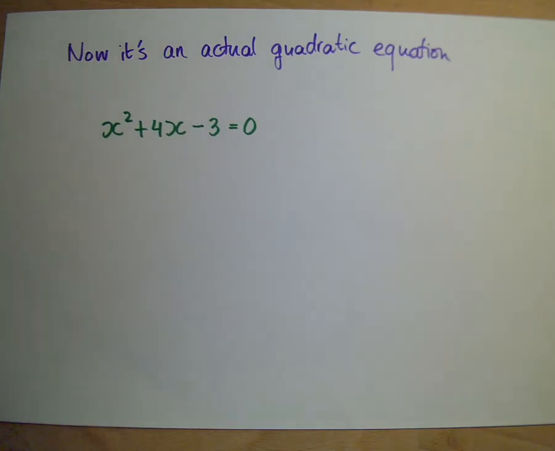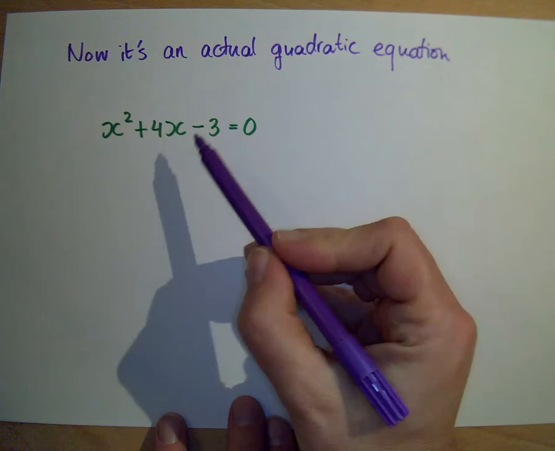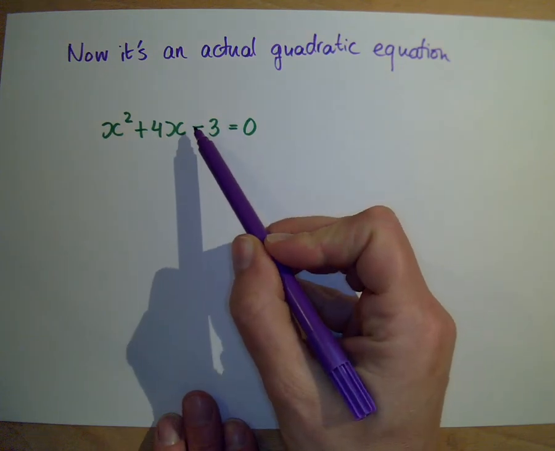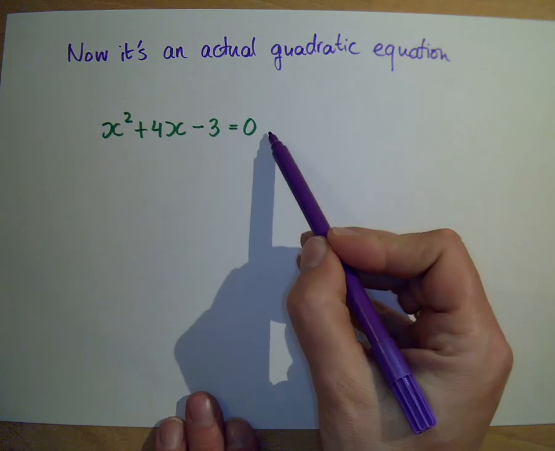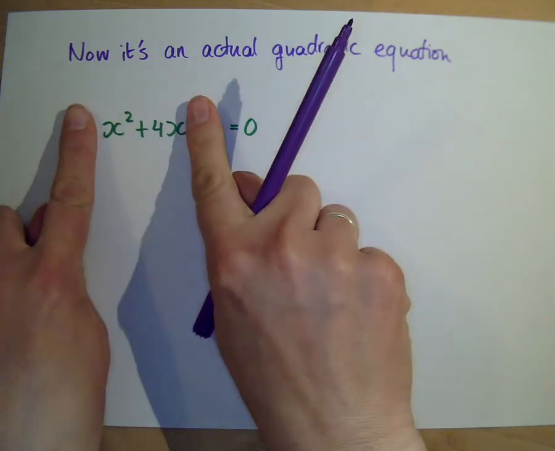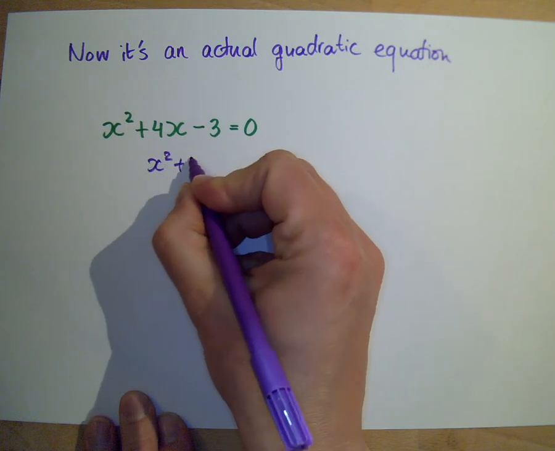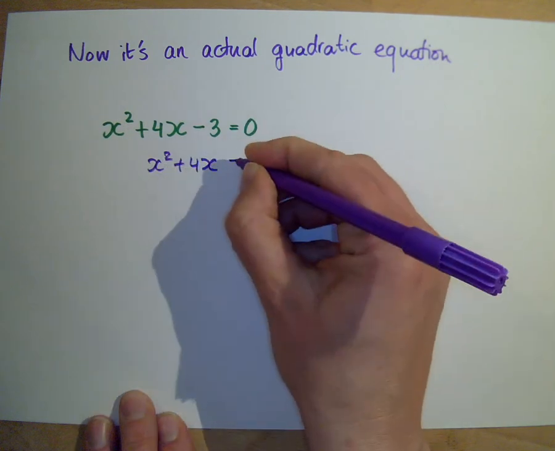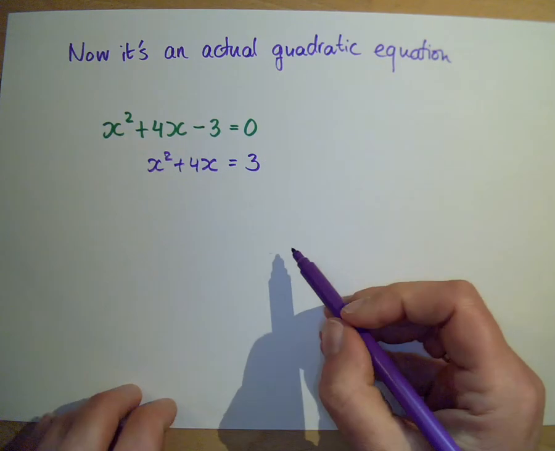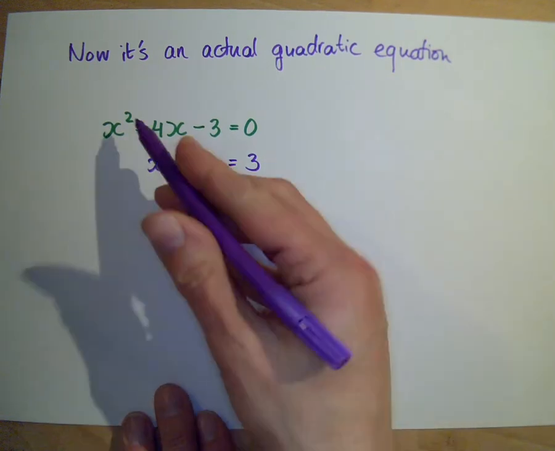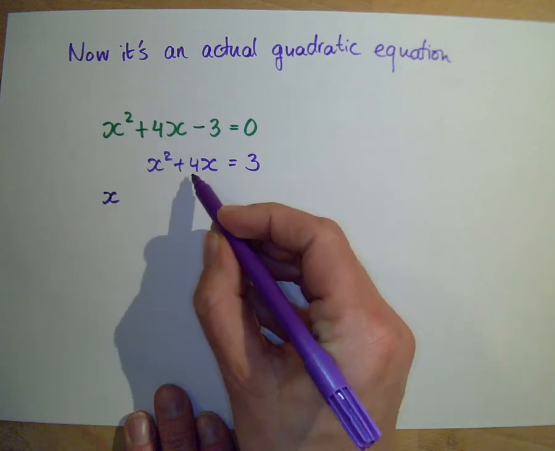How would we solve this? We will move the 3 out of the way, so we only have this, because that's easy to deal with, right? X squared plus 4x, so we add 3 to both sides. Now the 3 is over there. We deal with this like we learned before.